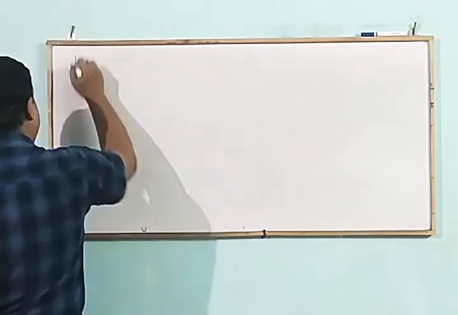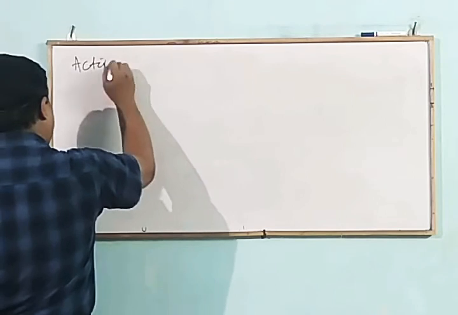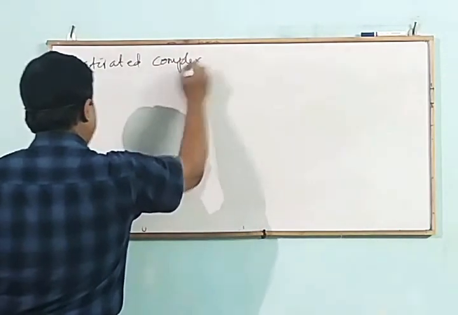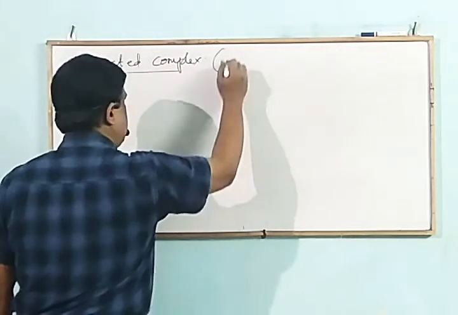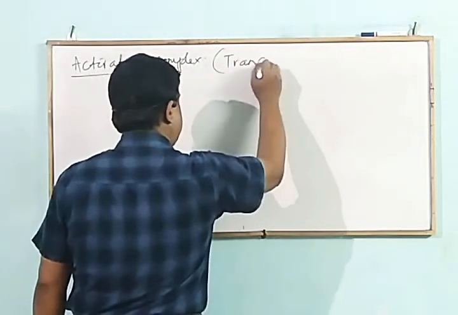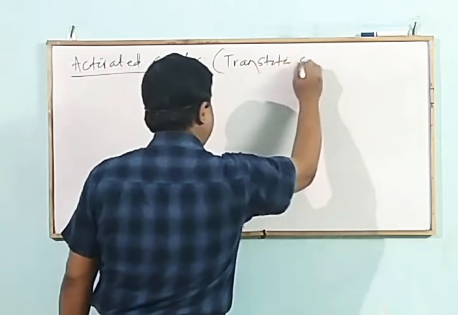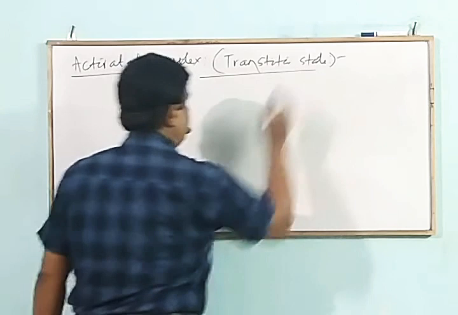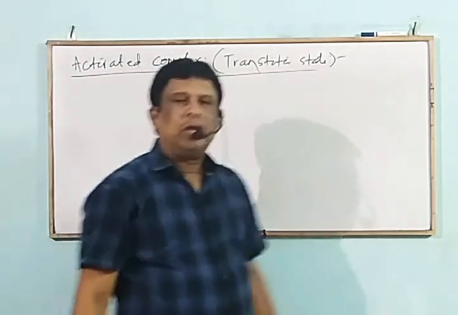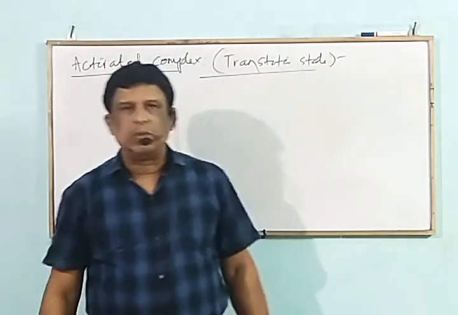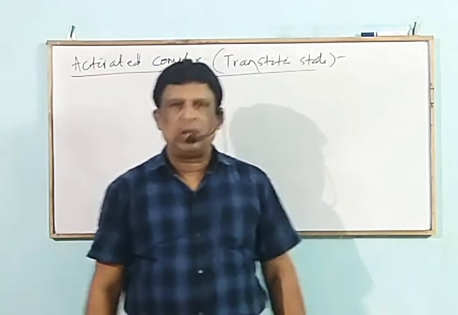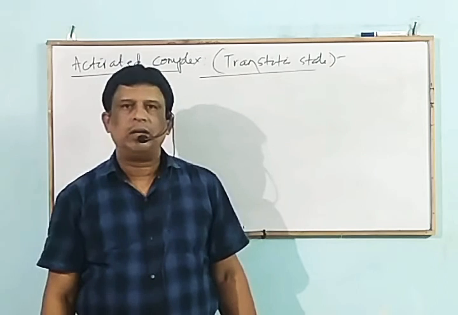A little idea about activated complex. In other words, it is also known as a transition state. When the reactants react among themselves, chemical reaction being nothing but intermolecular collision, then what happens?